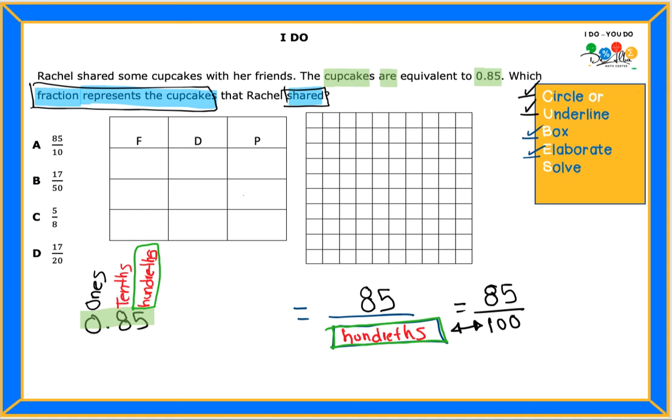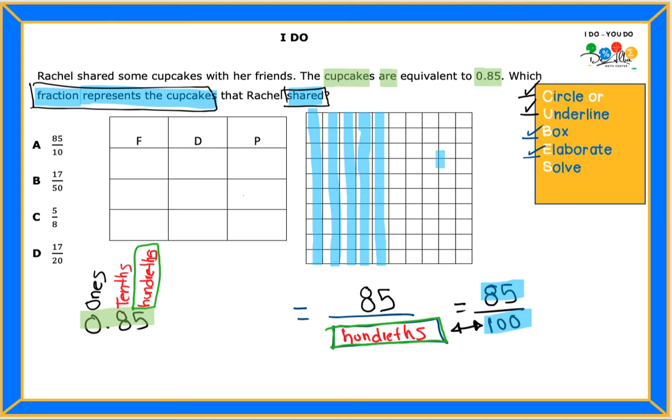So I'm gonna be shading that for you right now, guys. Okay, so far in here we have 10 hundredths. Now we have 20 hundredths, 30 hundredths. In here we have 40 hundredths.